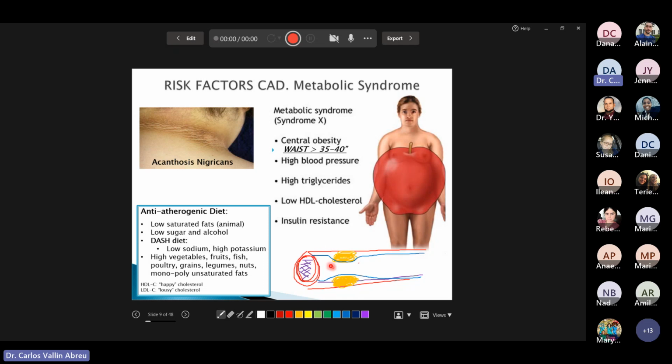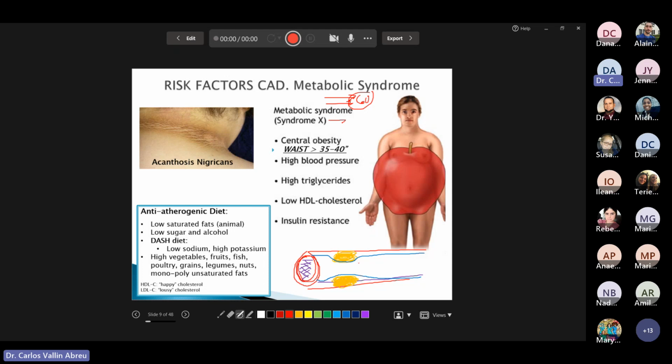And you need to know that some risk factors can be modified, and some risk factors cannot be modified. For example, genetics is a risk factor you cannot modify, because if you have in your family many people that suffer myocardial infarction or a stroke, especially at a younger age, before they are 60, it is a risk factor you cannot modify.